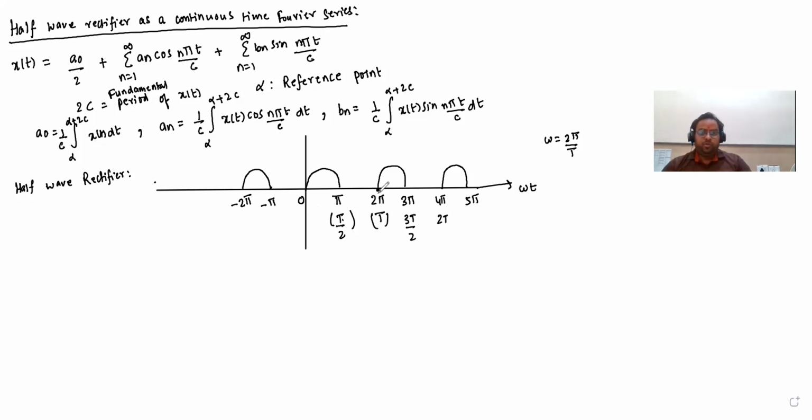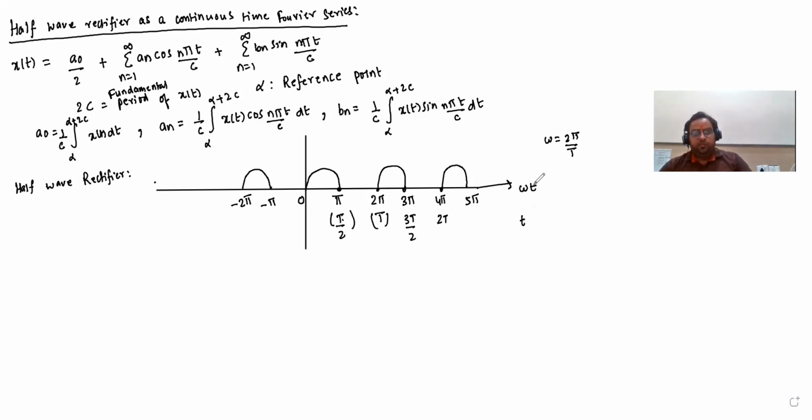The point corresponding to pi will be T by 2, 2 pi will be T, 3 pi will be 3T by 2, and 4 pi will be 2T. That is on the time axis.